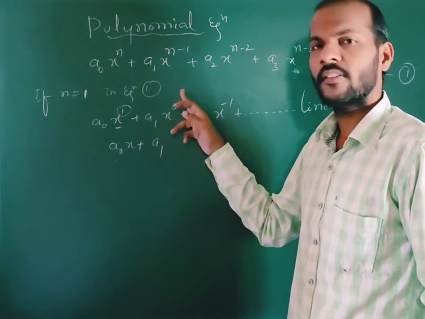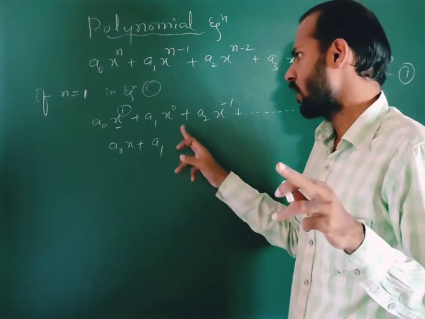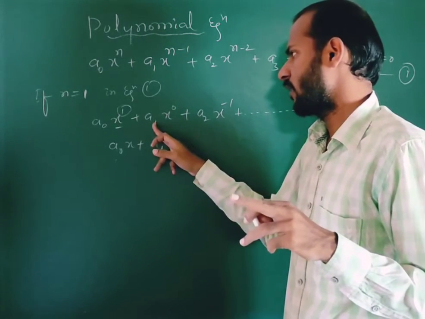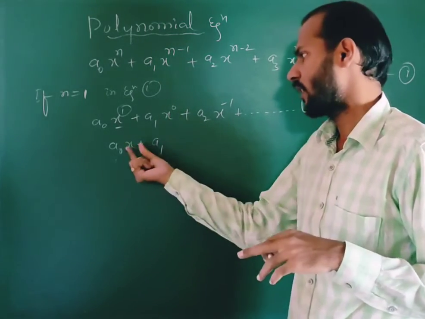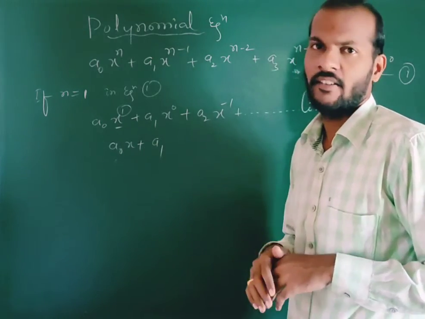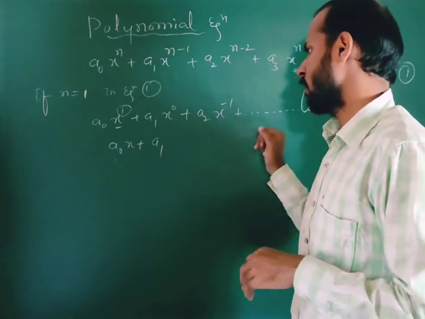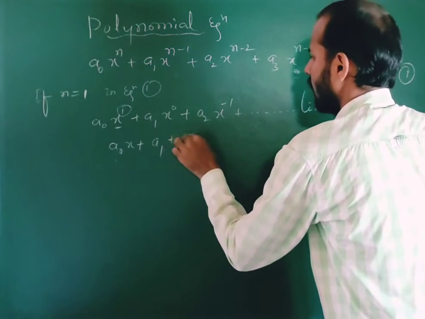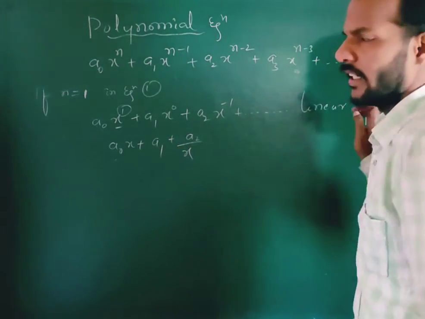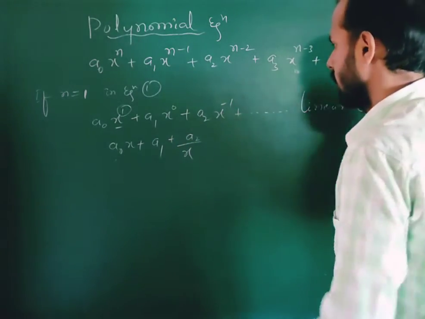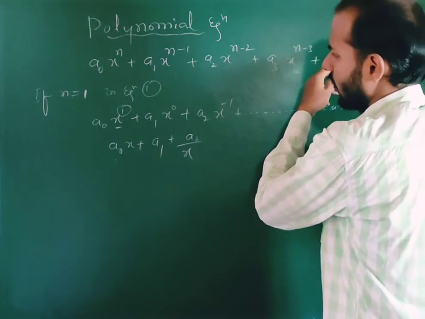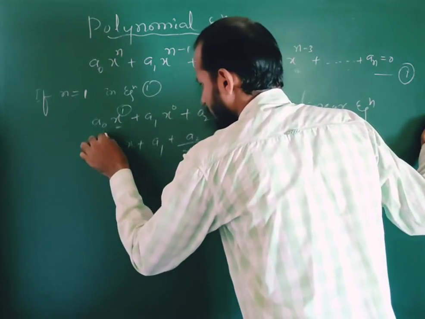Any value to the power 0 is 1, unity. So x to the power of 1 is neglected, a1 into 1 is a1, therefore a naught x plus a1. These are the negative terms, or you can write it like this, a2 upon x. Similarly, if you substitute and go on writing, we can see this much only here.